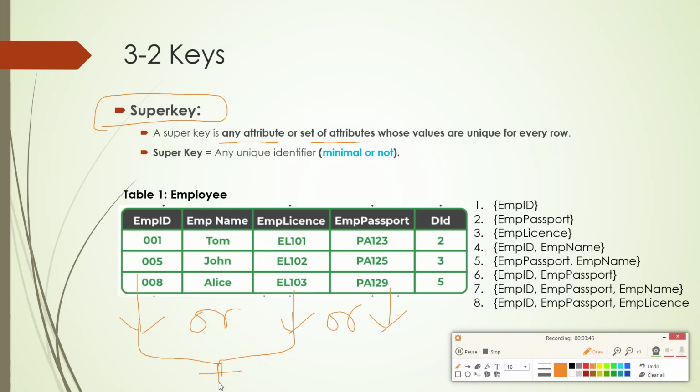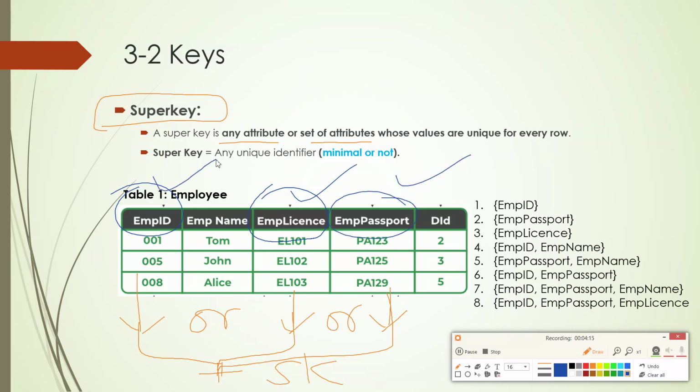And it could also be like this: if I combine all three, employee ID, license, and employee passport, they could act as a super key. If I take them alone, for example, this employee ID alone can also be a super key, and this license could also be a super key, and this passport number could also be a super key.